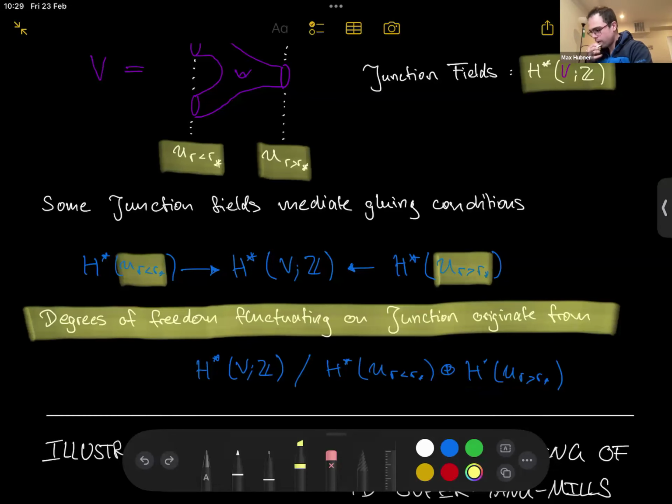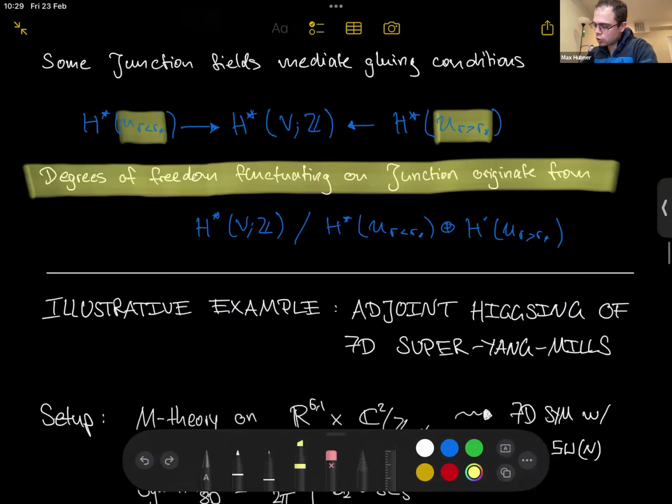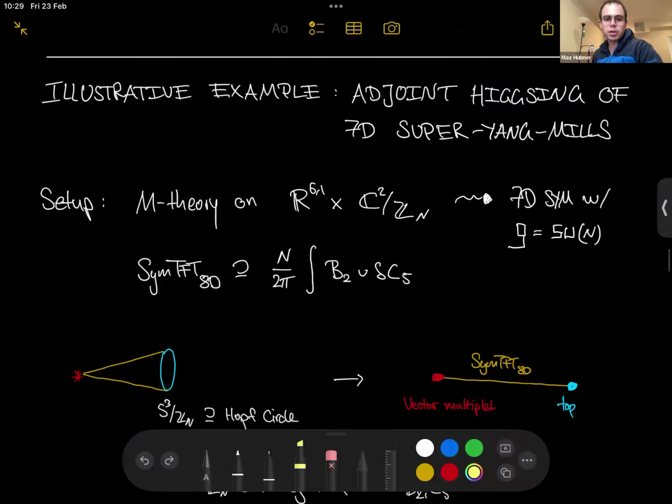Okay. Now, the point of giving this abstract discussion was that it applies to very many different cases. And as soon as you have a geometry, you can just crank the prescription. But to show you how this works and to apply some physical intuition, I now want to discuss an illustrative example, which is simply going to be a joint Higgsing of 7D super Yang-Mills theory.